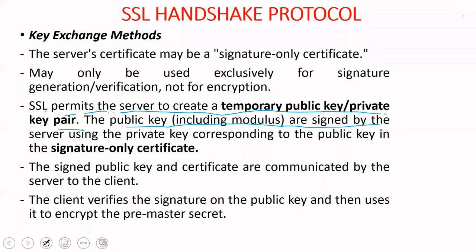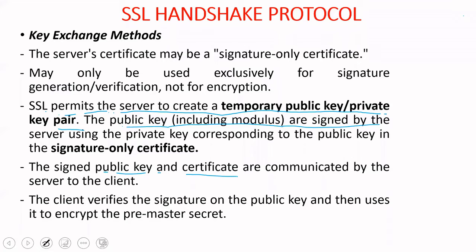Whatever private key it originally has, with that it signs this temporary public key that it has generated, and it sends that to the client. The signed public key and the certificate are communicated by the server to the client.